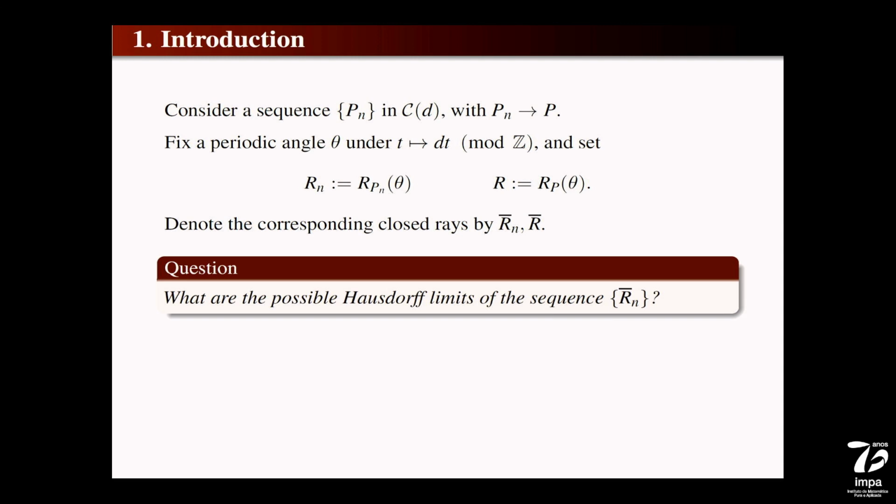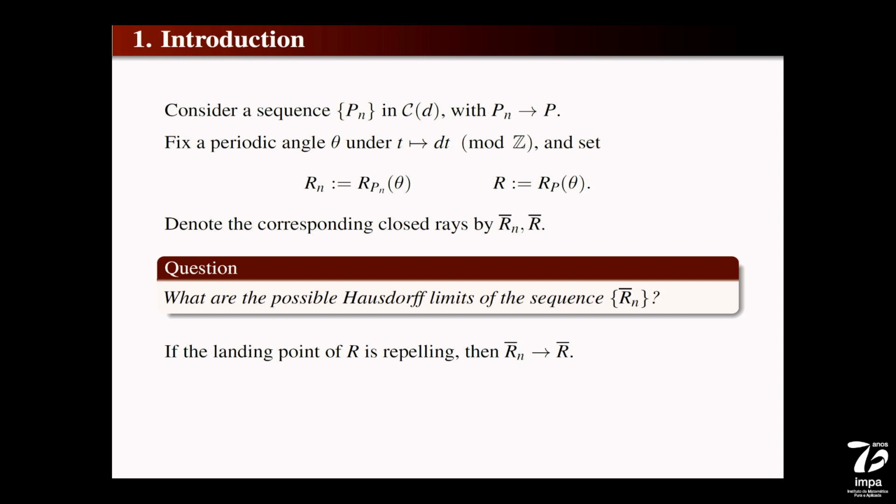It's been known for a long time, and this is an easy exercise, that if the landing point of the theta ray for the limiting polynomial is repelling, then the whole picture is stable, and this sequence of closed rays will converge in the Hausdorff metric to what we think it should converge, which is the closure of R. So nothing interesting happens if the landing point of R is repelling.